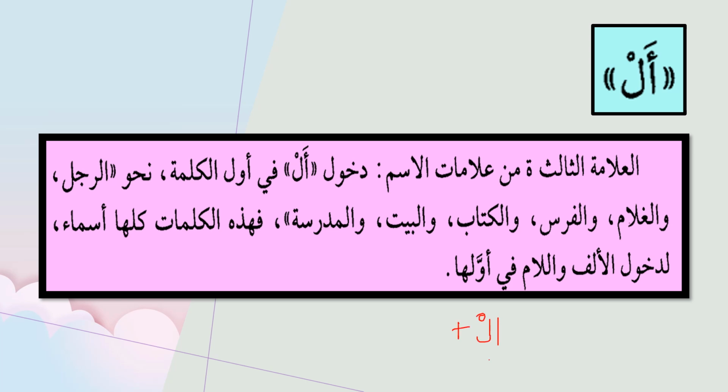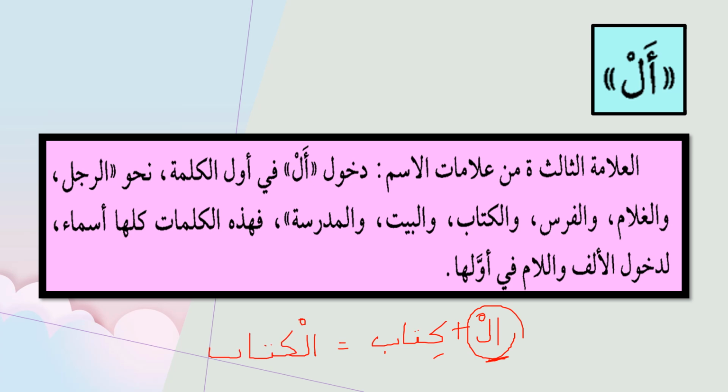For example, this is lam at-tarif, alif and lam, with kitab. So where does it come? Does it come after the noun? No, it comes before the noun. So this is an important thing you should know. It attaches itself before the noun: al-kitabu.